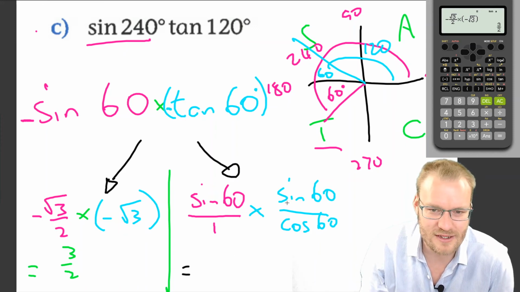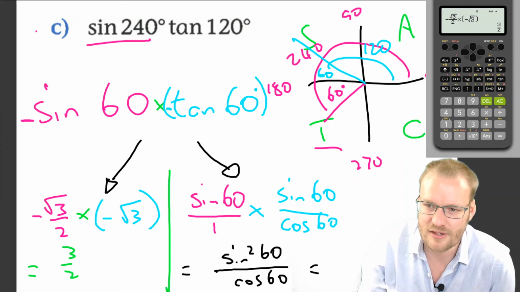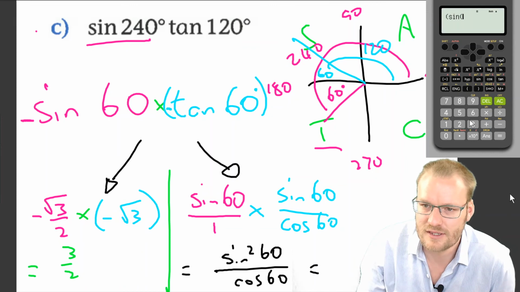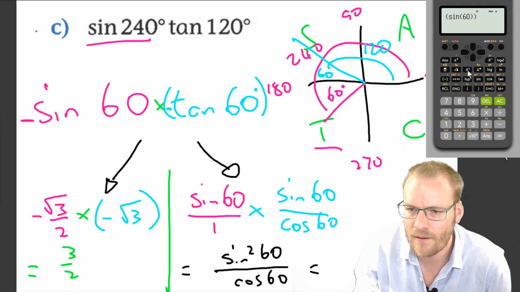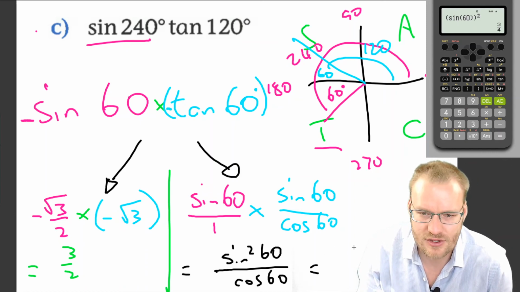So we're going to have sine 60 squared, I guess. So we could have sine squared 60 over cos 60. So we can type that in our calculator to go the sine of 60 all squared gives us 3 over 4.